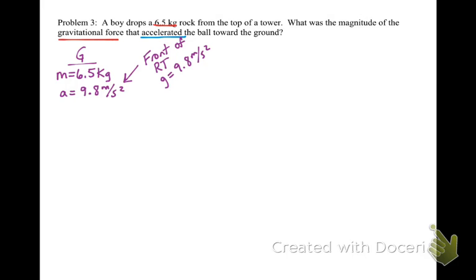It's a particular type of force, but for right now, we're going to use Newton's second law. Our wanted is the force. And our equation is F net equals ma.